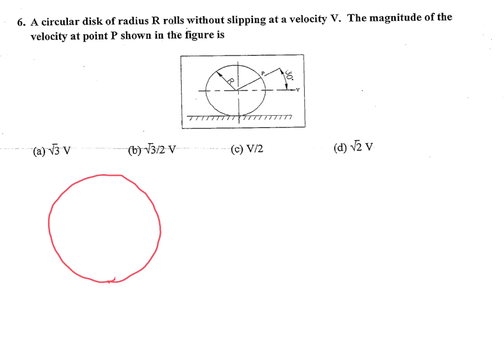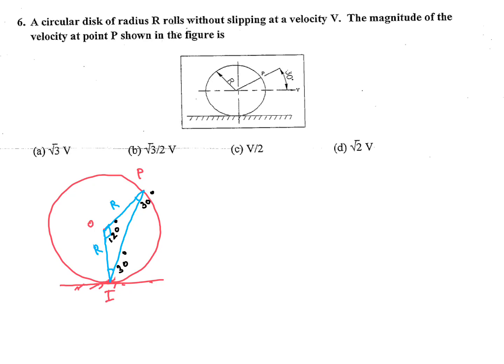The velocity given is at the center, let it be O. Here this point, let it be I. At P, which is at 30 degrees, we have to calculate the velocity.